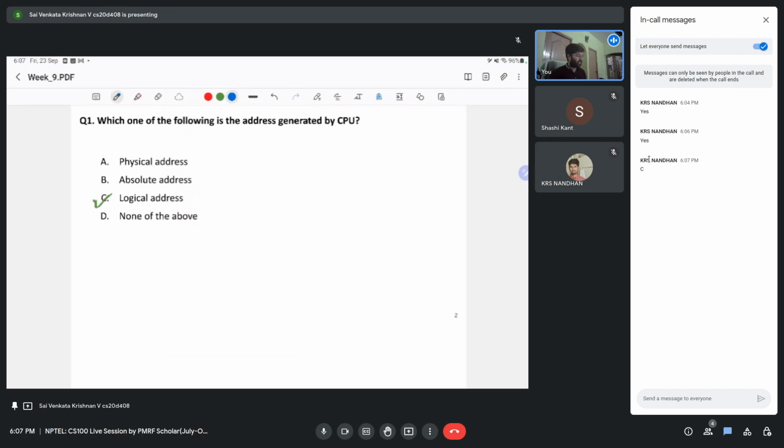One thing to note in this question is they have just asked which one of the following is the address generated by the CPU, and the notion of logical and physical addresses is meaningful only in the context of MMU systems, where you have virtual memory, with the page concept and all those things, right?